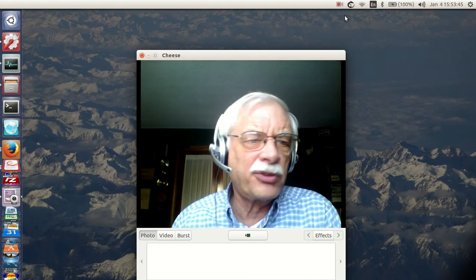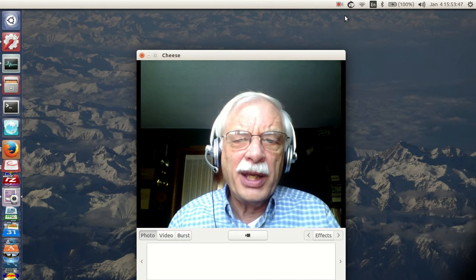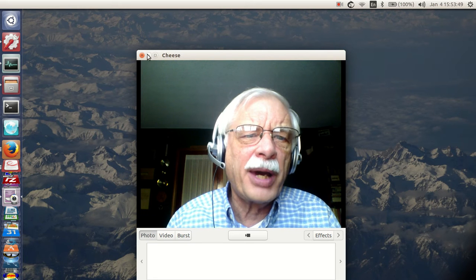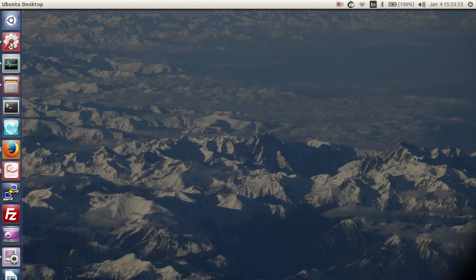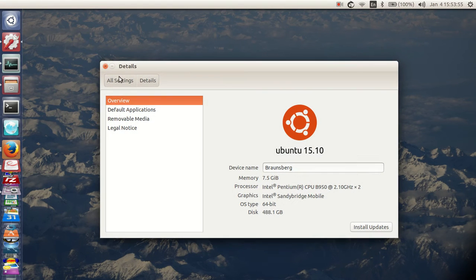But be that as it may, what I'd like to do to begin with is show you a little bit about the machine I'm running on. It's a Samsung laptop, and it initially came with Windows 8, but now I've got it running Ubuntu 15.10. I didn't have Windows 8 on it for very long before I decided that I would actually give up my license for Windows 8 and use Ubuntu exclusively on it.